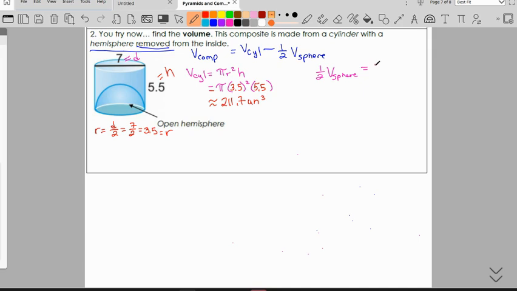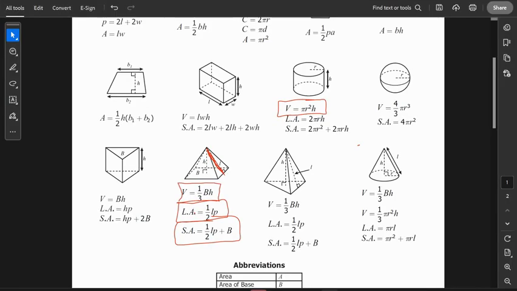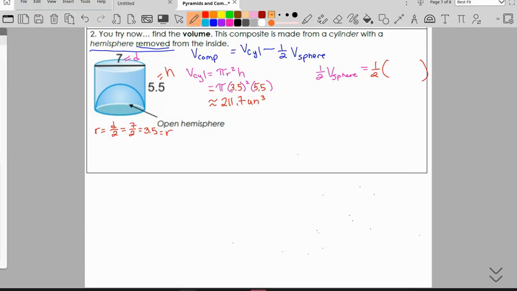I know starting off, it's going to be half of whatever the formula for the volume of a sphere is. So let's go find that formula. So on our formula charts, there's my sphere. Volume of a sphere is 4/3 pi r cubed. Now I know your notes does have formulas for the hemisphere, but your formula card does not, and that's what you're going to get on the test in the SOL.